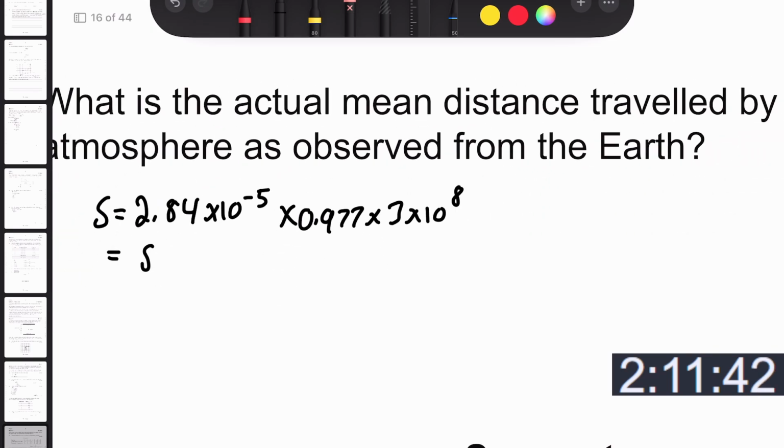So this would be about 8494 meters, or about 8.49 kilometers.